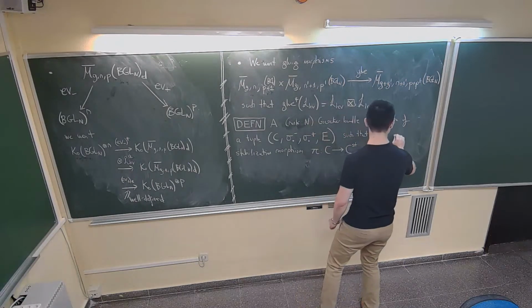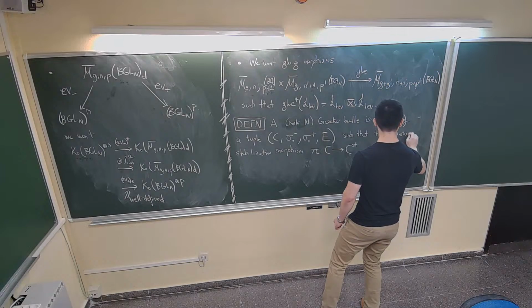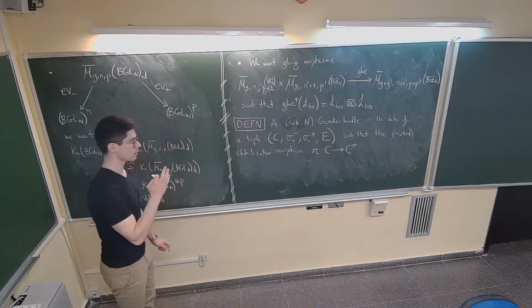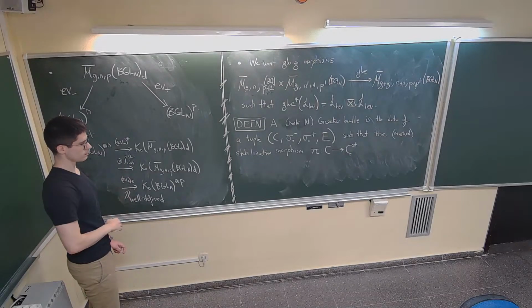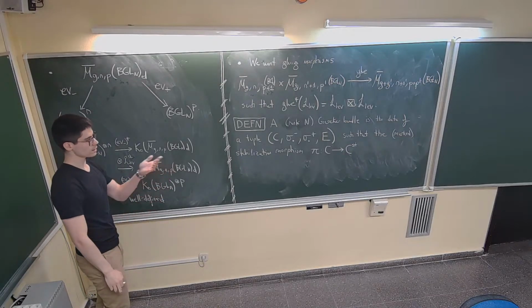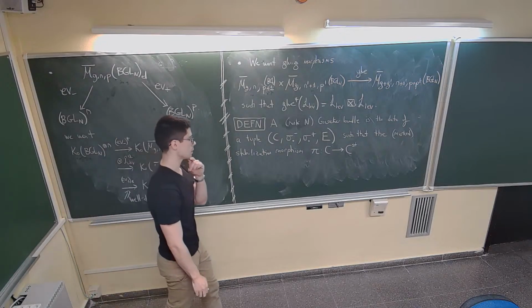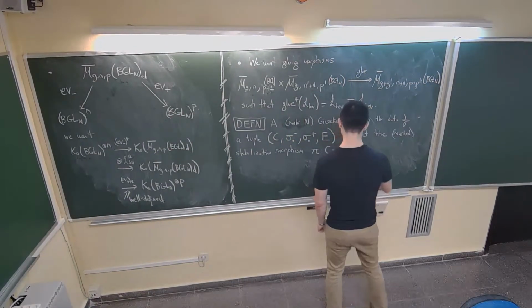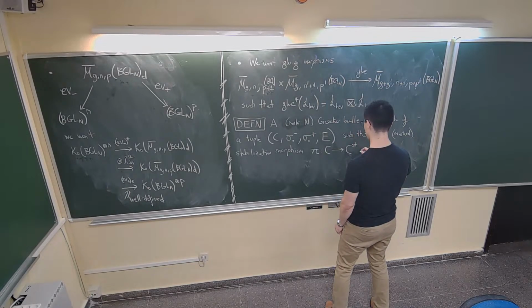Maybe I should say the marked stabilization morphism. So you just keep contracting all the rational curves that have fewer than 3 special points, and you contract until you get something that is marked and stable. So the homomorphisms are finite, satisfies the following.